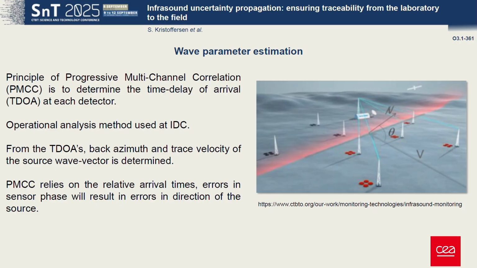We use the progressive multi-channel correlation, or PMCC, detector and estimator, which uses the differences in arrival times at each of the sensors in the array, and then we're able to make an estimate of the azimuth and trace velocity. Because it relies on arrival times, it's very susceptible to phase error. So the phase calibration is very important for our wave parameter determination.